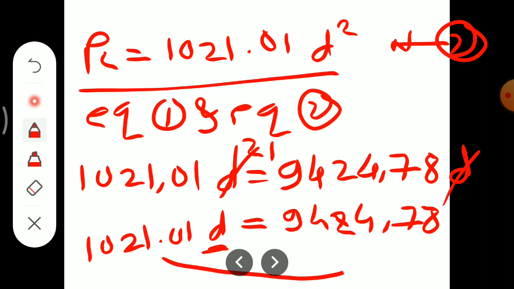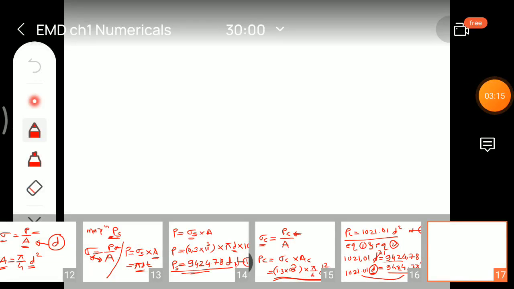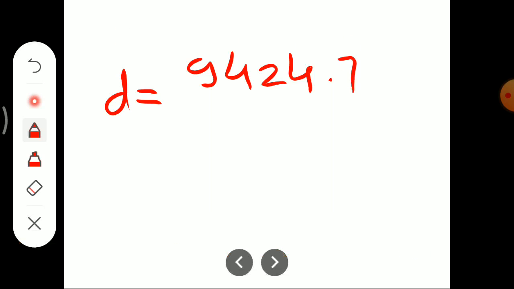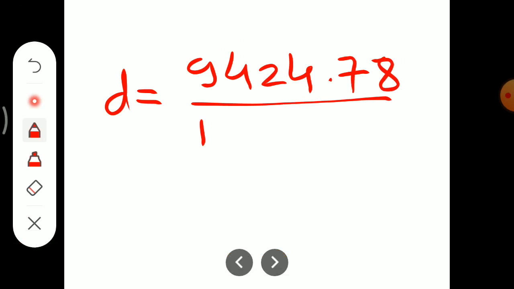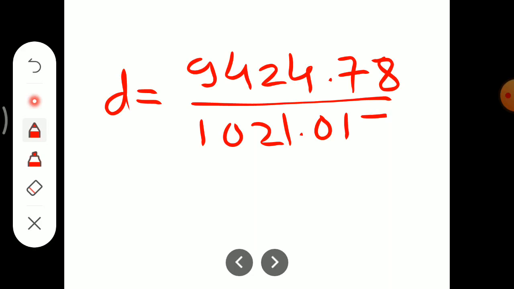This term will divide the 9424.78 quantity, and you can find out the diameter. Okay, the final equation is d is equal to 9424.78 divided by 1021.017.